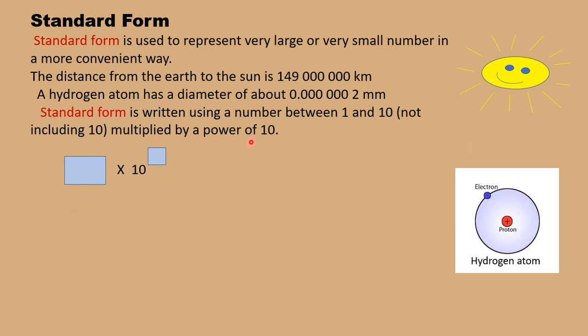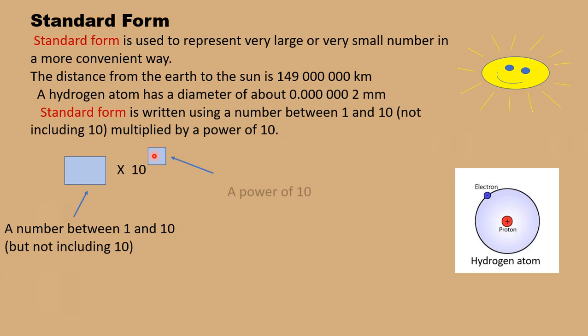So the number we can write as, in this box we write a number multiplied by 10 raised to the power. Now here this number is between 1 and 10, but 10 will not be included, whereas in this box here it is a power of 10.